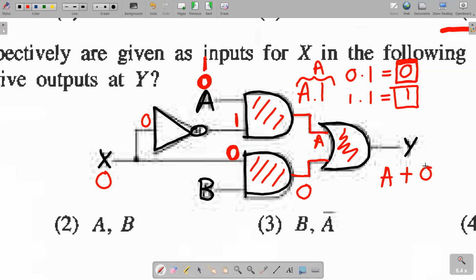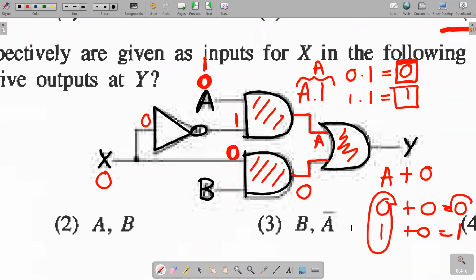So A plus 0 means what? If A is 0, 0 plus 0 equals 0. If A is 1, 1 plus 0 is equal to 1. That means the value of A is going to be the output over here as well. So A plus 0 is going to give you A.